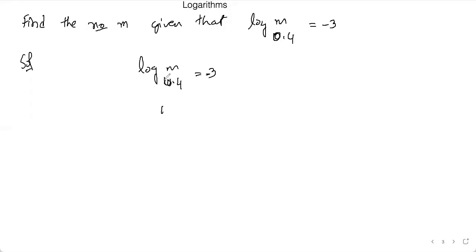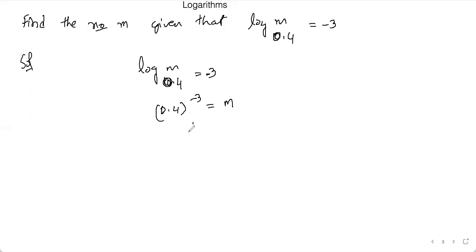Okay. Yes, please make the correction. Okay. Yes, sir. 0.4 to the power of minus 3, which is equal to m. Okay. We can write that.